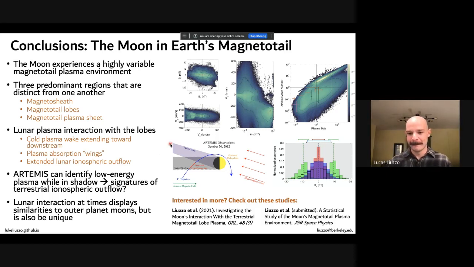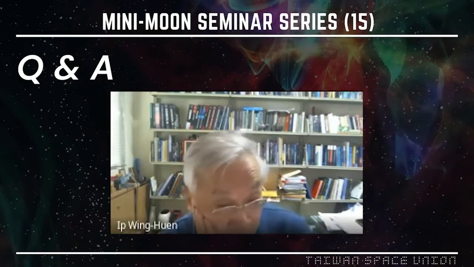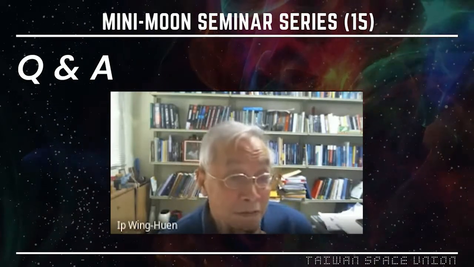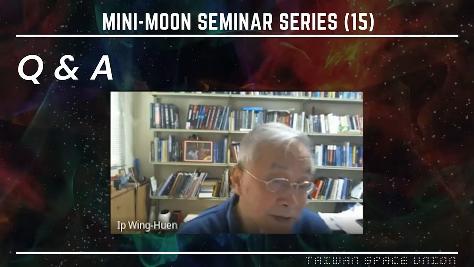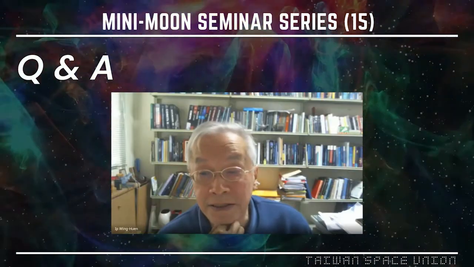I'm happy to take questions. Yeah, thank you so much, Lucas. I think it's very detailed, the description of what you see, Artemis sees over the last 10 years, right? The data set. And a very detailed analysis. I admire the skill in data analysis.